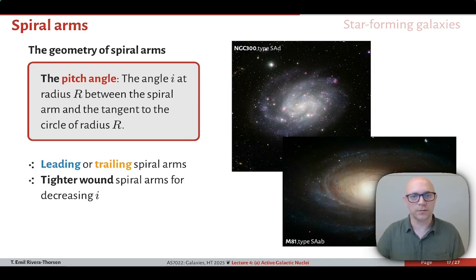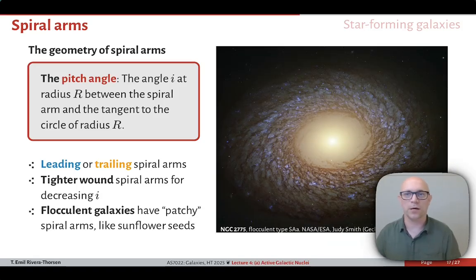Of course, as with all other kinds of classification, there's always the odd one out that never quite fits in these classifications. Some galaxies do not have these neat spiral arms, but still have a clear spiral arm pattern, even if you cannot follow each individual spiral arm.